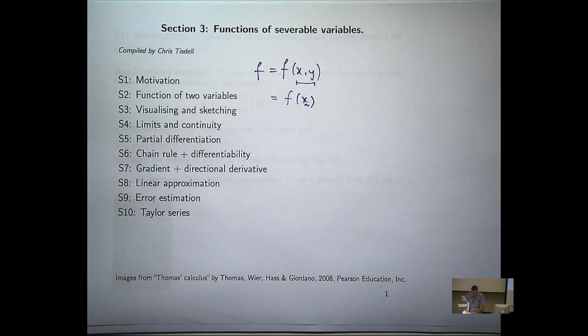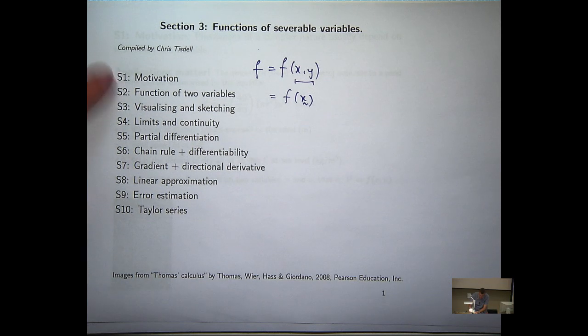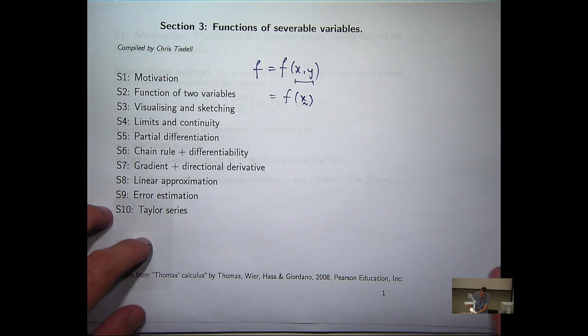So, compared to the previous section where we were looking at functions of one variable that had vector-valued outputs, this is different. Now you've got a vector-valued input, and the output is a scalar or a real value. So we're kind of mixing it up a bit. Anyway, we're going to look at these three things today.